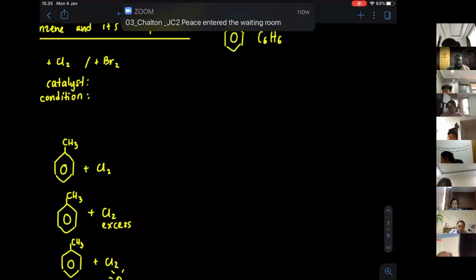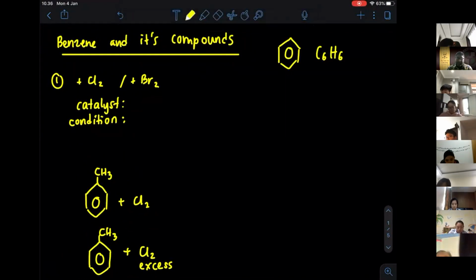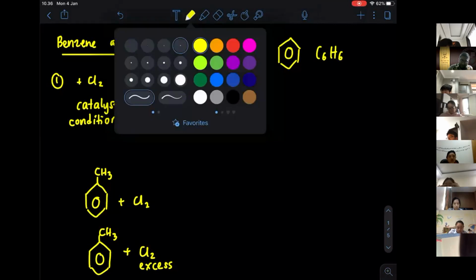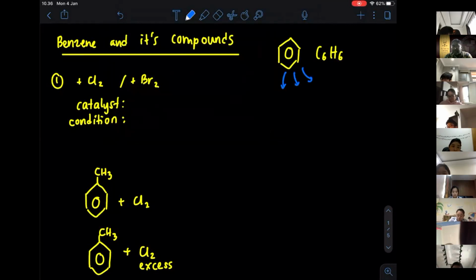This benzene can go through certain reactions, and there are three types of reactions. So let's look at the three types of reactions that C6H6 can undergo.